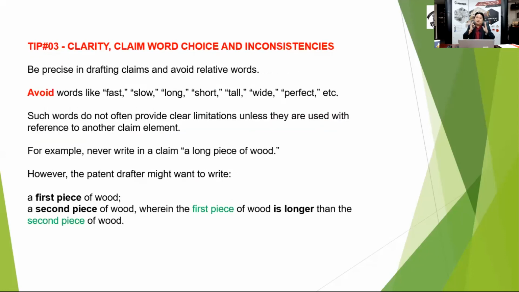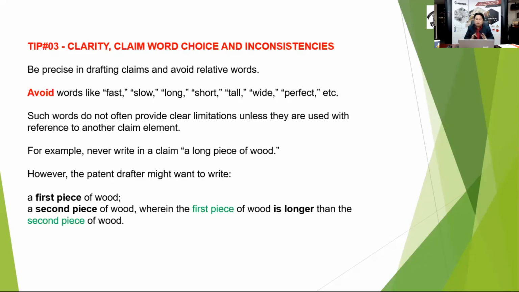Now, please beware, avoid words like fast, slow, long, short, tall, wide, perfect. Don't mention in your claims that my invention is very oil economical or cost saving, or that the element is tallest or tall. Don't use this kind of words.